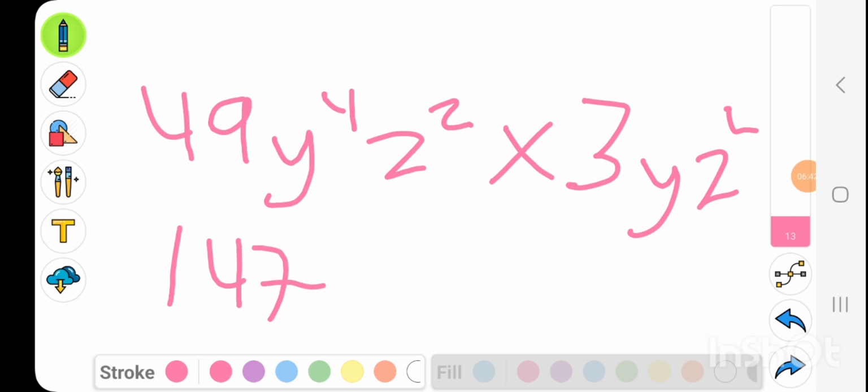And remember, if you have to multiply different bases without any powers, so there are no powers on the bases, then you can multiply the bases. But if it's like 4 squared times 2 squared, you cannot multiply the bases. You cannot say 8 to the power 4 or 8 squared. It's only without powers.